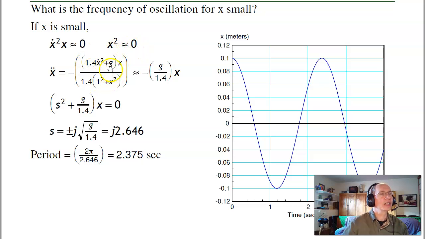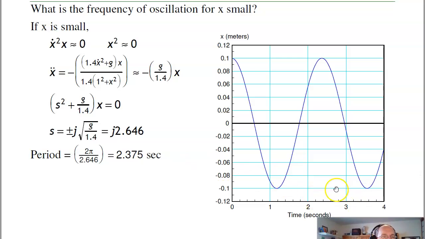Take the nonlinear dynamics, ignore all the higher order terms, and what I wind up with is x double prime is a constant, minus g over 1.4 times x. That means the frequency of oscillation is 2.646 radians per second. Or the period is 2 pi over omega. Period is 2.375 seconds. And if you simulate it, you'll see that's about what you're getting. The distance between the troughs, or the peaks, is 2.375 seconds.